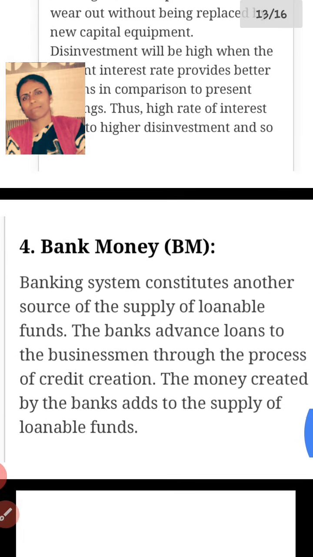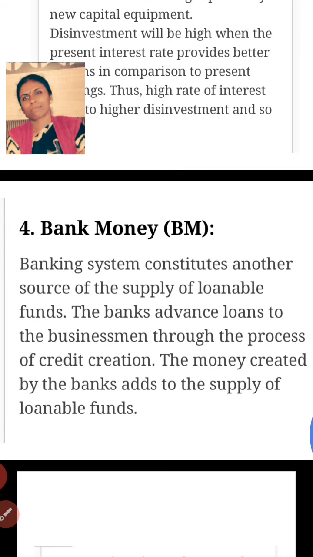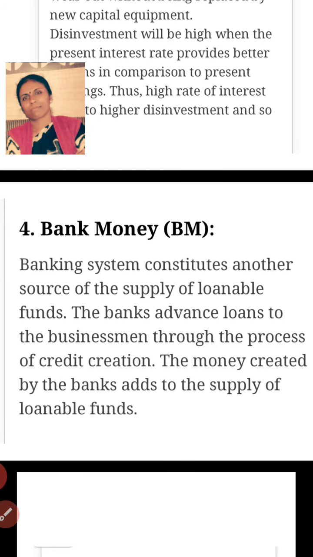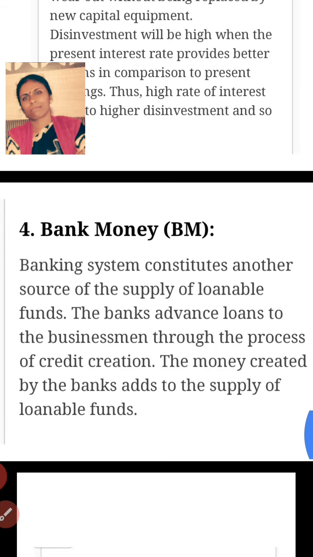And come to the fourth very interesting one, that is bank credit. So money created by banks adds to the supply of loanable funds. If the banks contract credit, the supply of loanable funds is also reduced. Therefore, the credit creation power of the banking institutions determines the supply of loanable funds.